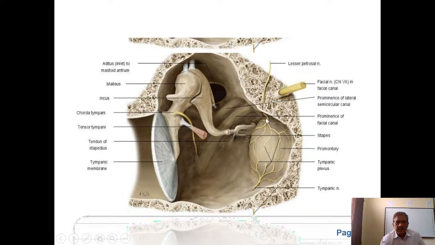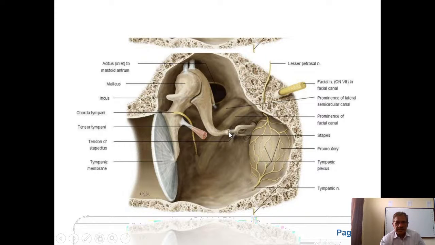Then in the medial wall, that is the promontory, and the malleus, the incus, and as I told you, the fossa incudis, where the short process of the incus is attached by a small ligament. And that is the long process of the incus, and then the lenticular process.